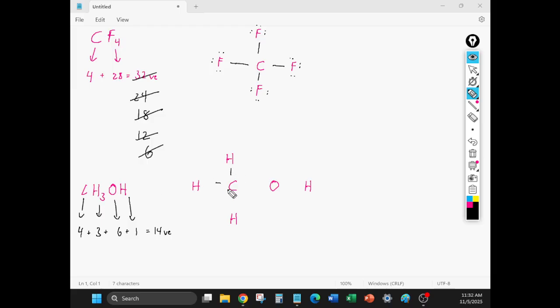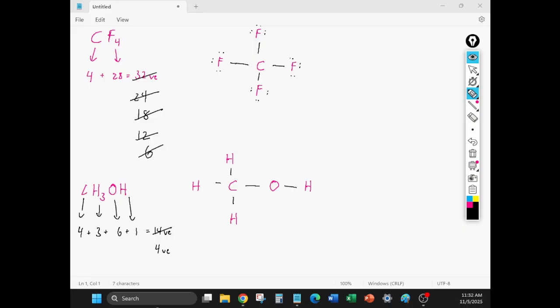That's 6 electrons. Oxygen is connected to hydrogen. That's another 2. And since it's one molecule, the carbon and oxygen have to be connected, so everything is connected with at least 1 line. So we've drawn 5 lines. 5 times 2 is 10. So we have 4 valence electrons left over.